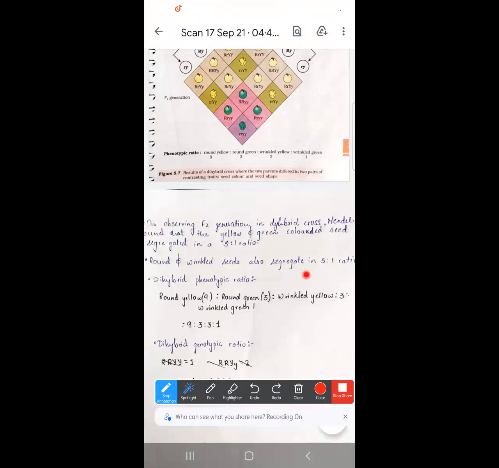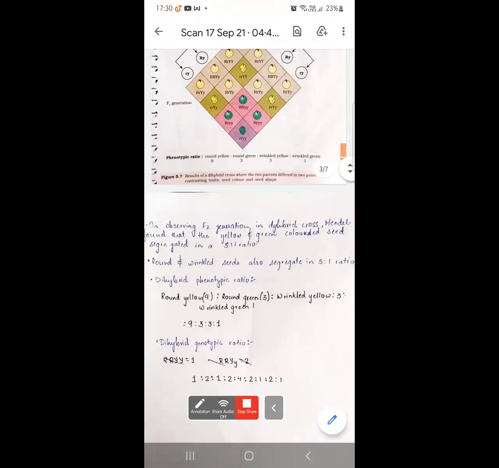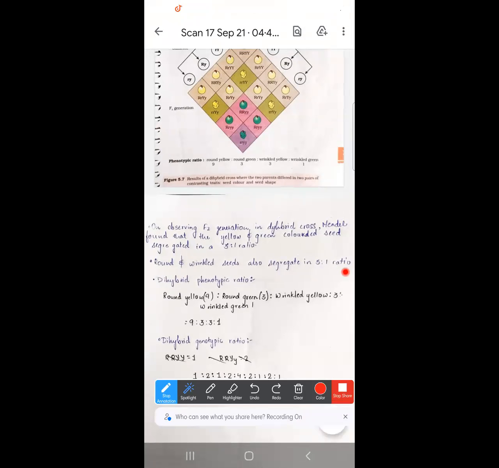Round and wrinkled seeds also segregate in a 3:1 ratio. Therefore, the dihybrid phenotypic ratio is round and yellow 9, round green 3, wrinkled yellow 3, and wrinkled green 1. Therefore, the phenotypic ratio is 9:3:3:1.